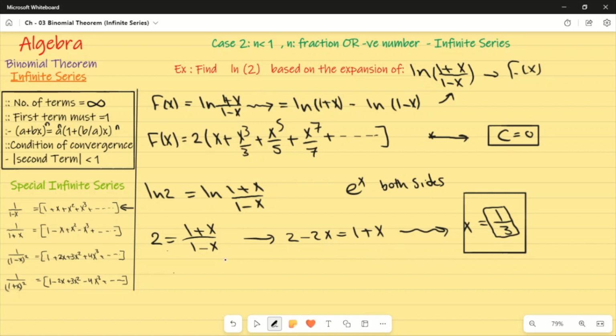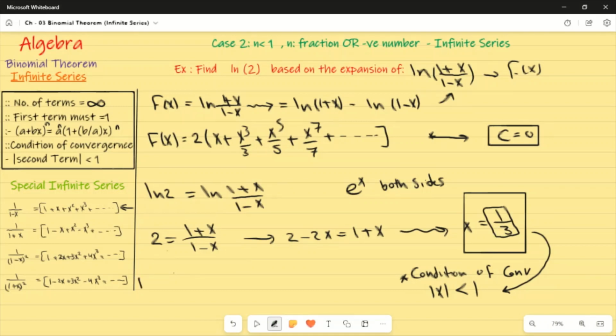We must make sure of the condition of convergence. Here absolute x less than 1. So x equal to 1 by 3 is in between our domain boundaries, so you can substitute with x equal to 1 by 3.